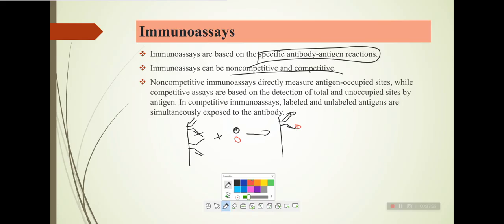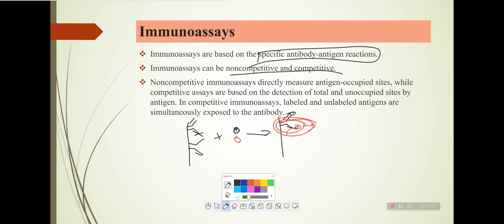After this fusion, we easily assay this labeled antigen because fluorescent color will be produced by this antigen, and we easily determine it. This type of assay is known as competitive immunoassay.